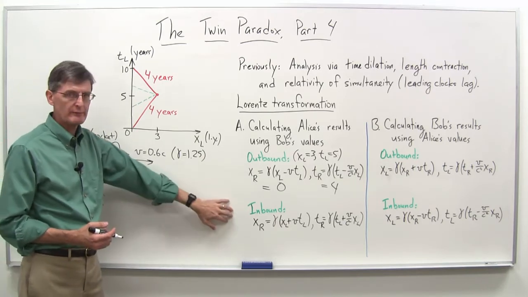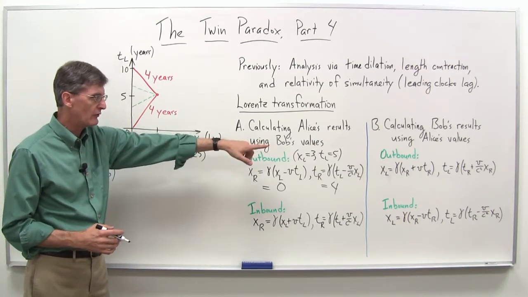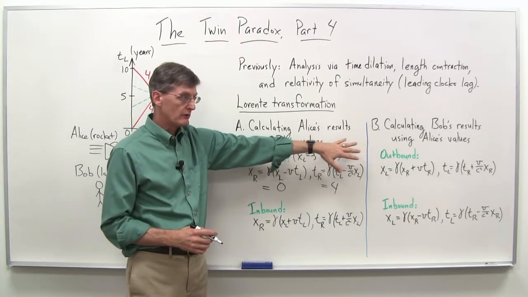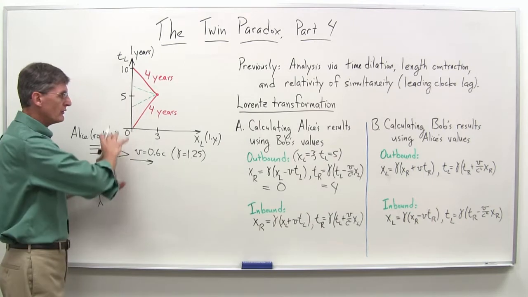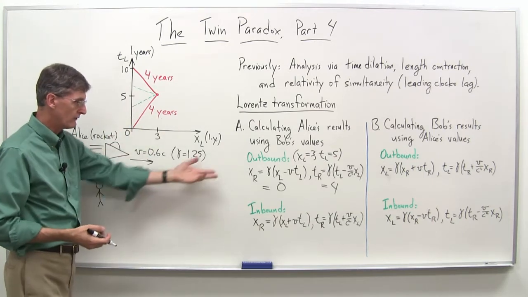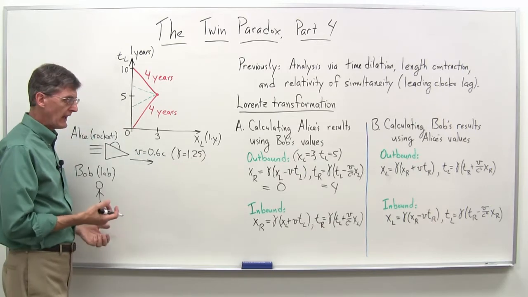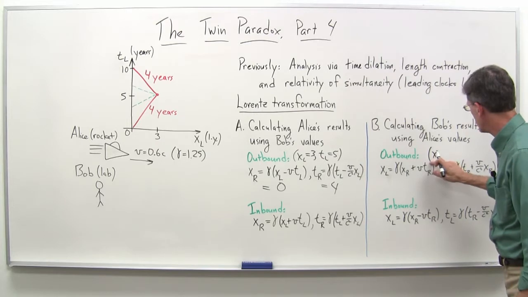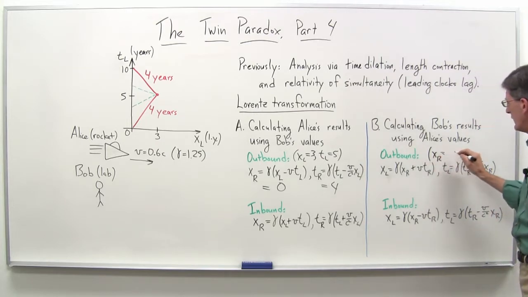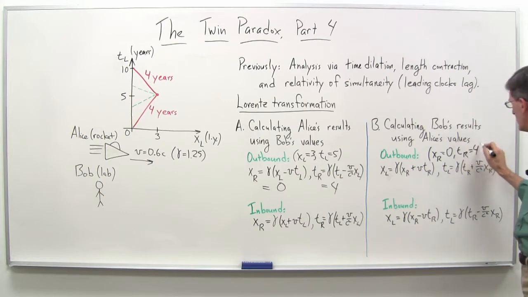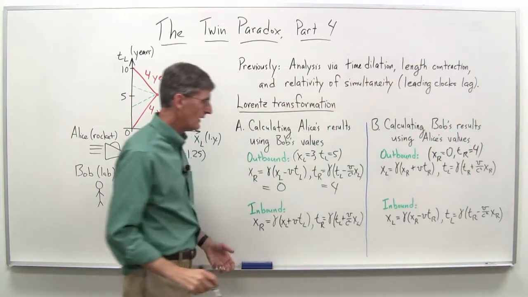Now we'll get to the inbound trip in a minute. That's a little trickier. Let's do the outbound trip for Bob's results using Alice's values. We could either do Alice's analysis as we did with the length contraction and time dilation, or even just use these results here. We know that Alice is going to be at xR equals 0, tR equals 4 at the turnaround point, at the planet or star.